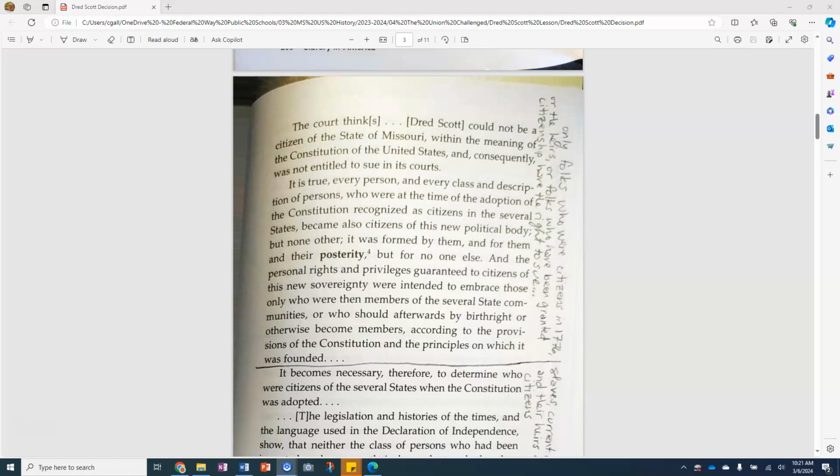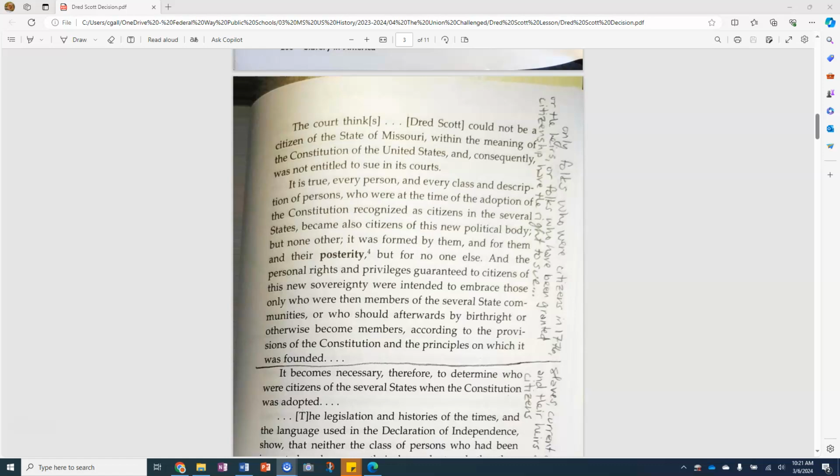Or who should afterwards, by birthright, okay, so if your parents were citizens, you became a citizen, or otherwise became members. This is a way of saying naturalized citizens. Okay? According to the provisions of the Constitution and the principles on which it was founded.